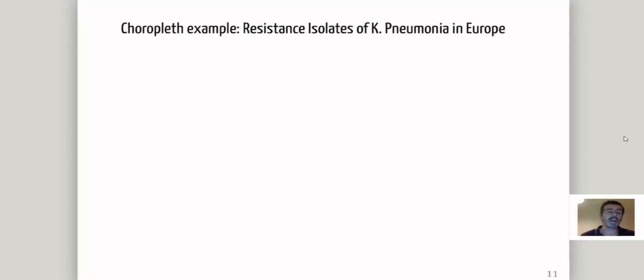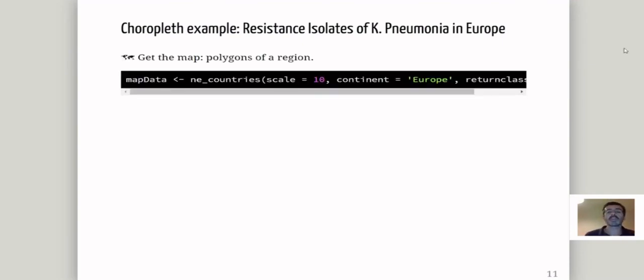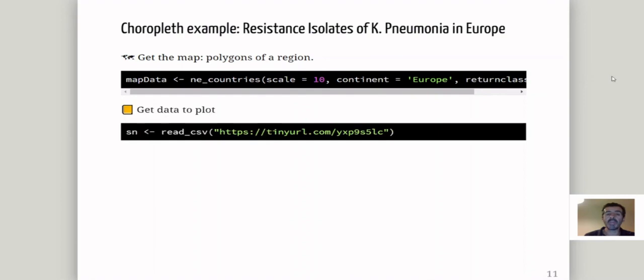Another neat map we need often is called a color palette map. And I have an example of Klebsiella pneumoniae in Europe. And so we need to obtain our polygons. This is the geographical information, and we can obtain this with some packages in R, and this function will help us obtain the polygons of Europe.